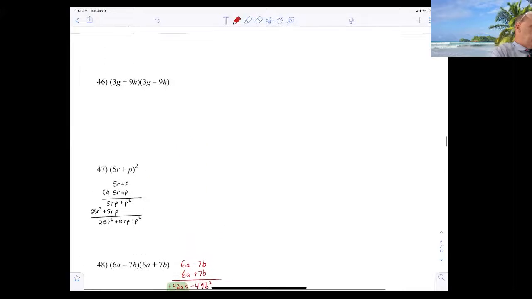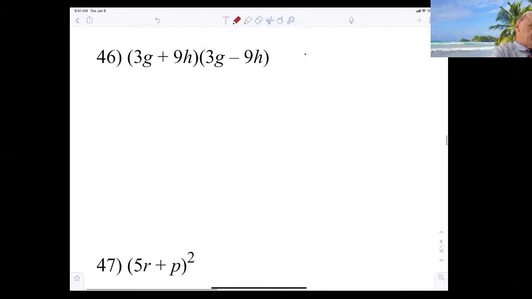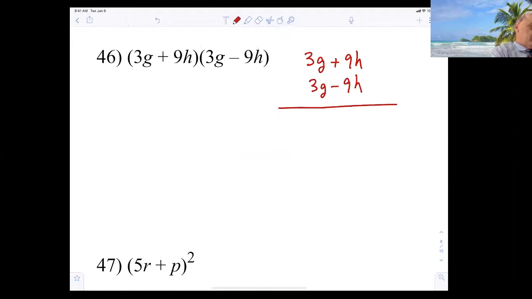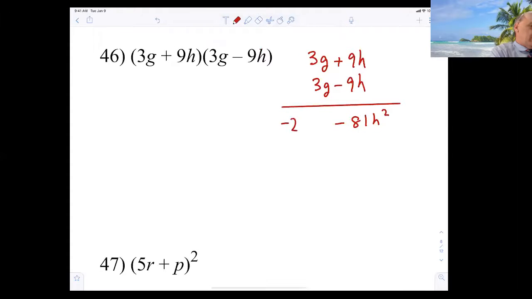All right, here we go. 46. Negative 81h squared. Negative 27 plus 27 and 9g squared.